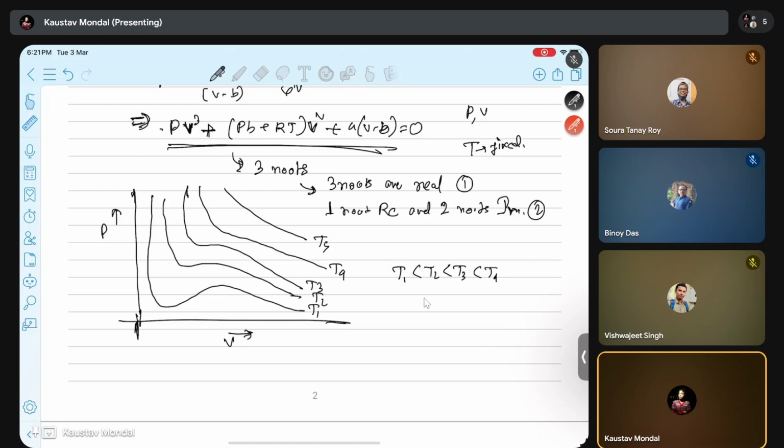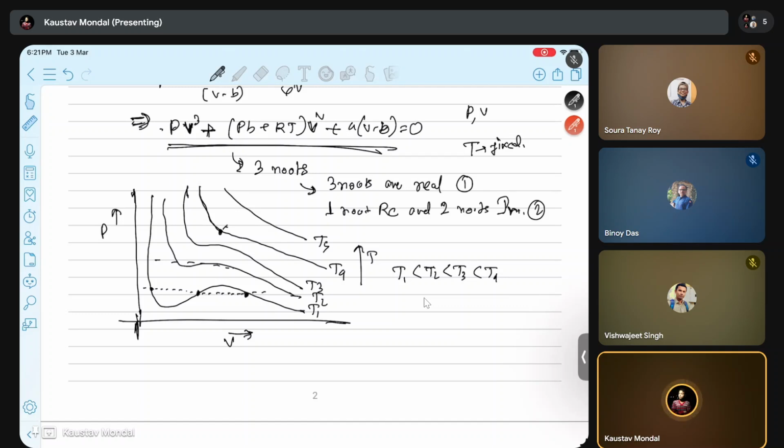Now for the lower temperature case, as you can see, there are three roots. These are the three roots. If you make the temperature higher, there will be a single root. The other two roots are imaginary ones that would not be there in this real space. At this temperature the roots merge, so a single root is there.